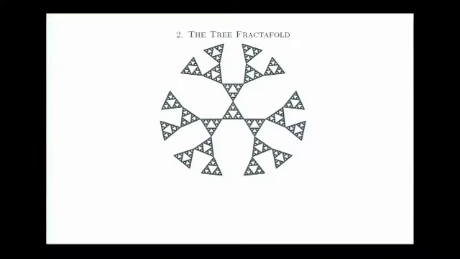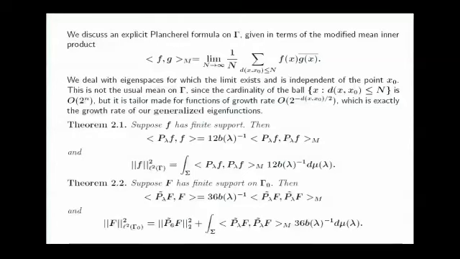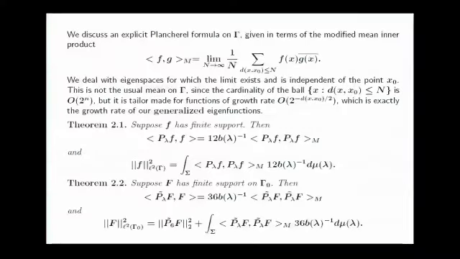On this example, we were actually able to obtain it, and this inner product is surprisingly simple. It's just an average over a ball of radius n. But this is very surprising because it is a tree, so the ball grows exponentially. You would imagine that you define it by some function, maybe some power of the volume, but it is not. This n is like the logarithm of the volume.